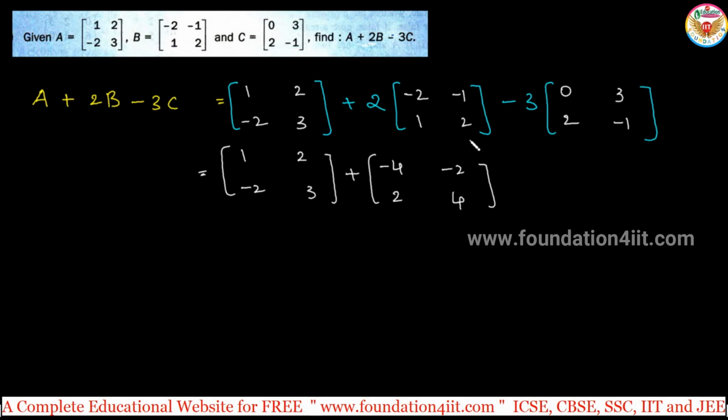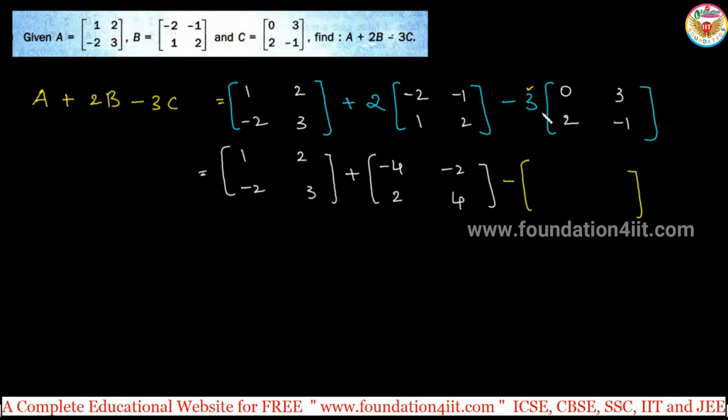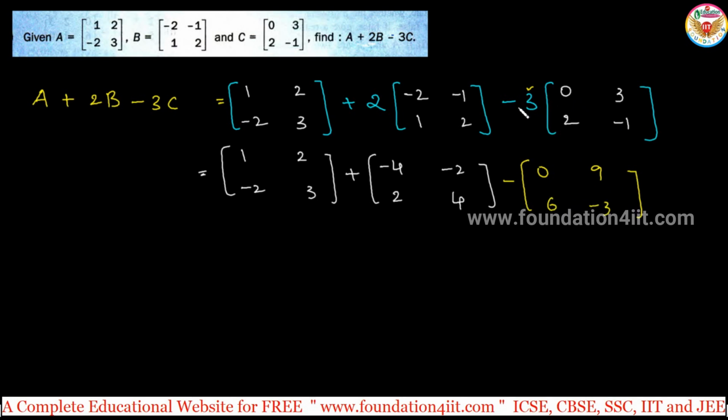Next, you can remember here minus is as it is. Only with this 3 I am going to multiply this. Not minus 3. Minus is as it is. Only with 3 you are going to multiply each and every element. So 3 zeros are 0, 3 threes are 9, 3 twos are 6, 3 into minus 1 is minus 3. So whenever the negative sign is before the element, negative sign as it is, only with the 3 you can multiply.